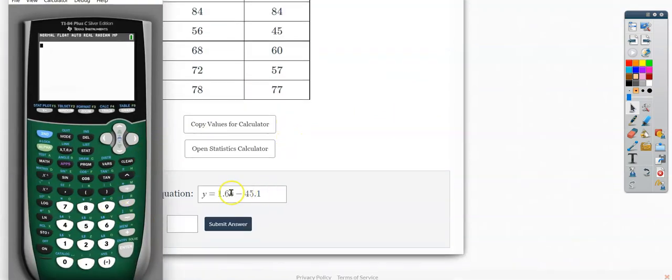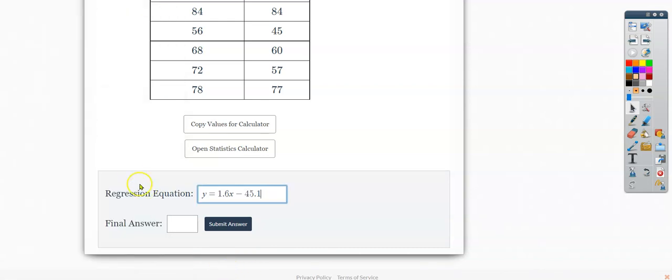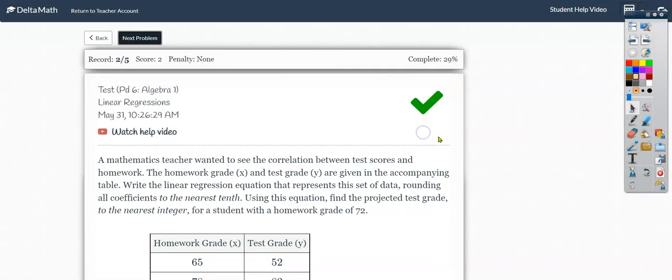So that means that the x will be replaced with a 72. So 1.6 times 72 minus 45.1. My prediction is a 70.1, and rounded to the nearest integer, my prediction would be 70. Answer of 70.